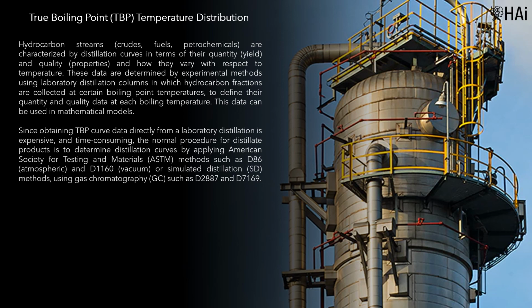Since obtaining TBP curve data directly from a laboratory distillation is expensive and time-consuming, the normal procedure for distillate products is to determine distillation curves by applying American Society for Testing and Materials (ASTM) methods such as D86, atmospheric, and D1160, vacuum, or simulated distillation (SD) methods, using gas chromatography (GC), such as D2887 and D7169.